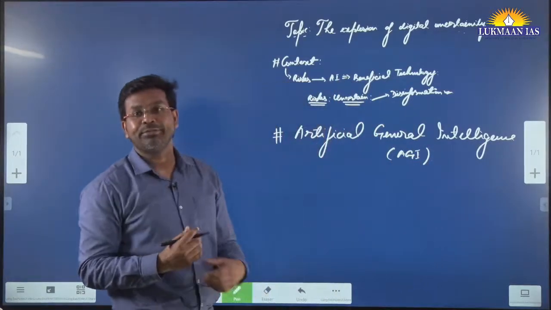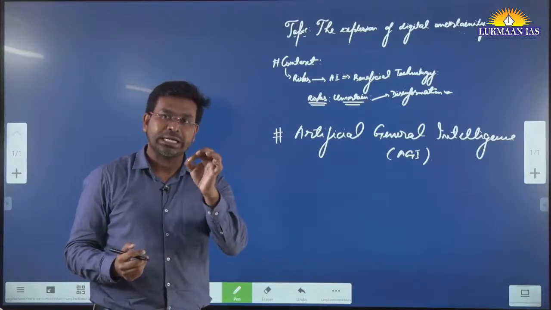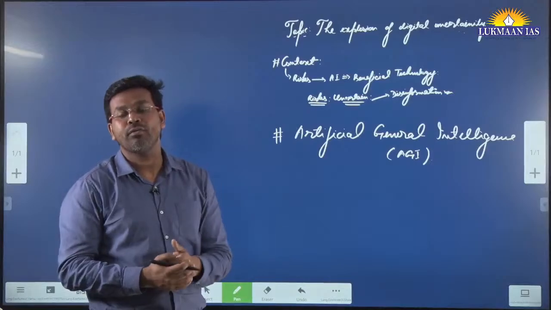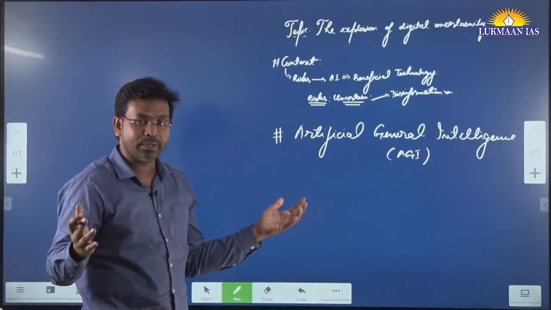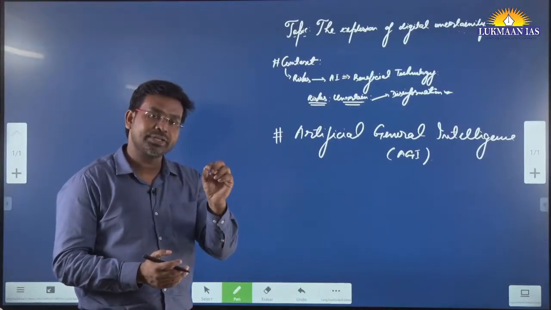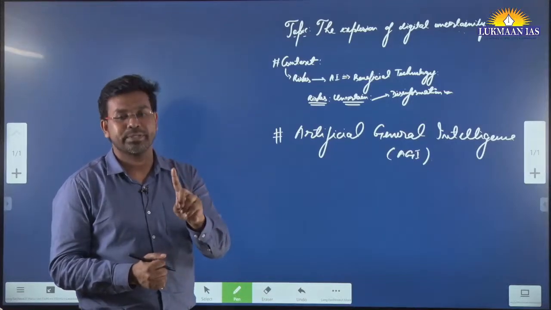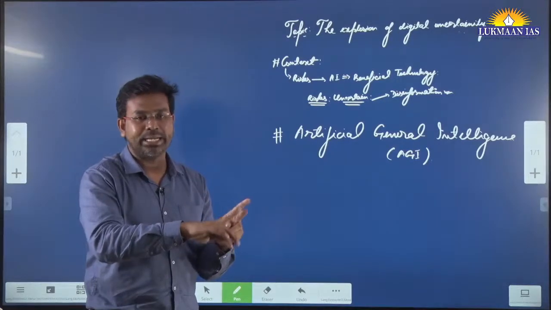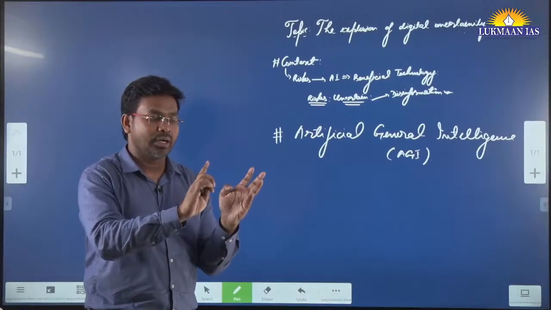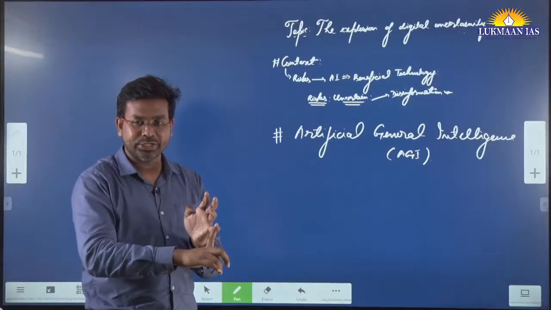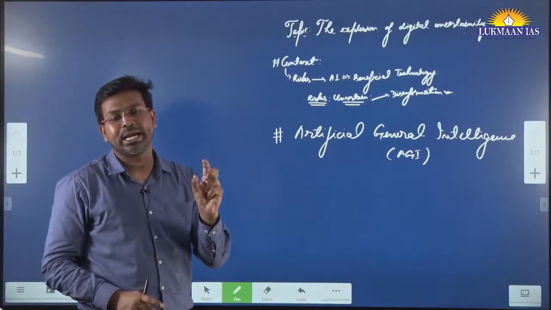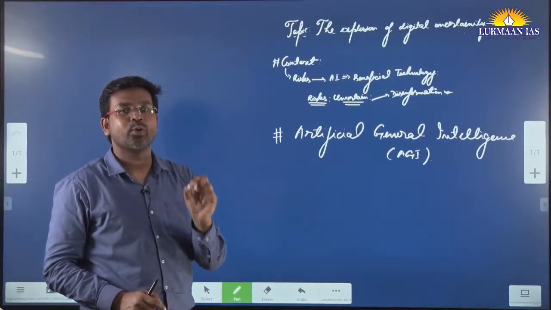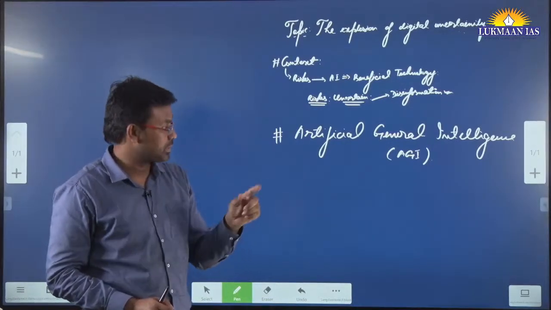What do we mean by artificial general intelligence? Artificial general intelligence is an evolved form of artificial intelligence. For example, presently we are using artificial intelligence for specific purposes, such as translation of languages, generation of content, making of videos, doing speech translation. So we are using artificial intelligence for narrow purposes. They are known as narrow AI, for specific purposes.